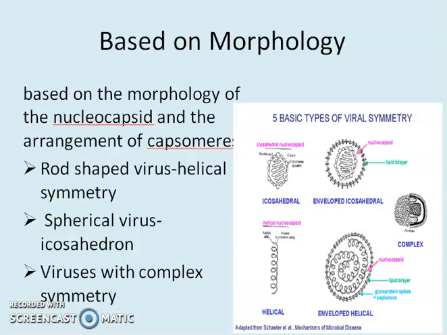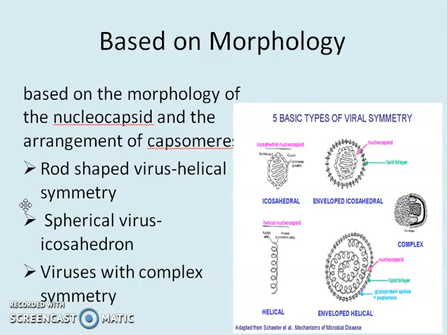Based on the morphology, we can classify viruses into different types. This morphology is based on the symmetry of the nucleocapsid arrangement, and the arrangement of the protein subunits, the capsomeres.